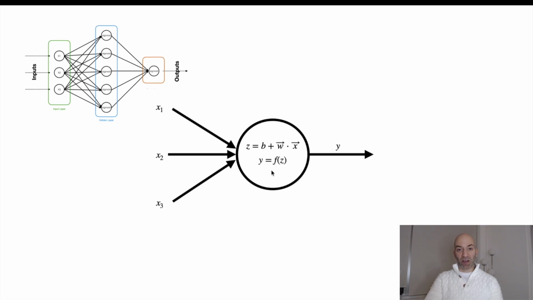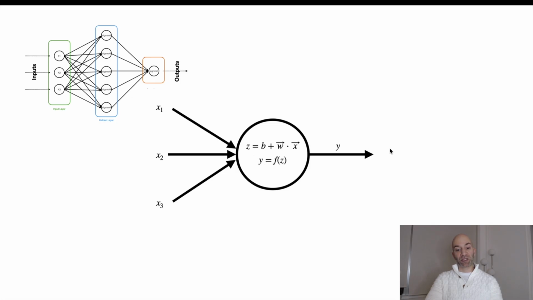The purpose of F is to introduce nonlinearities into the model. So this is a very important step. This is what enables neural networks to learn highly complex nonlinear relationships in the data. And we call the output of this Y.